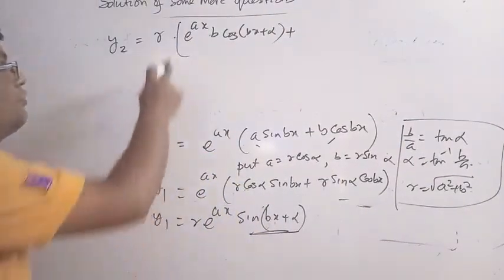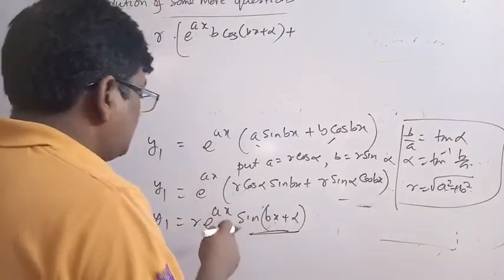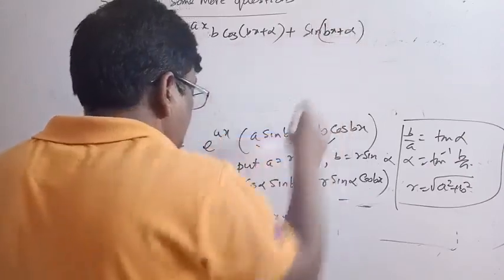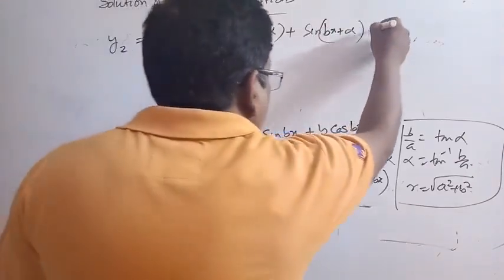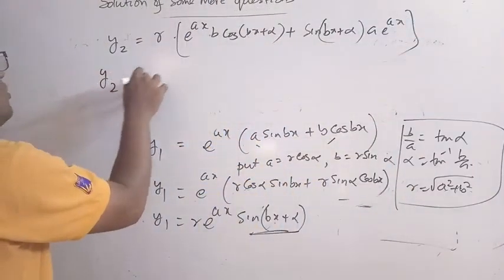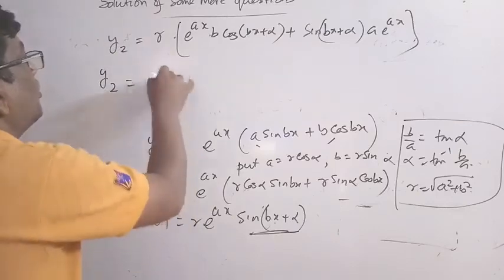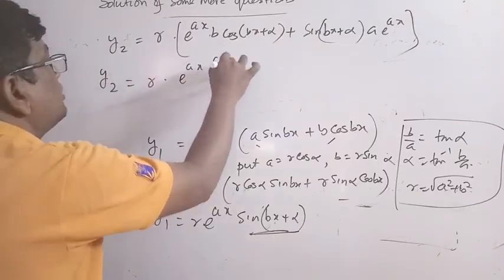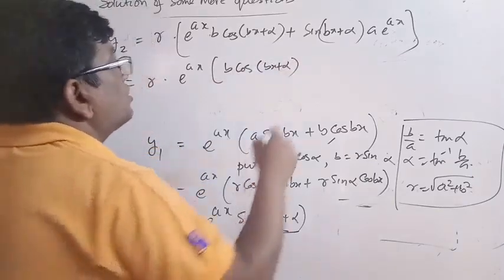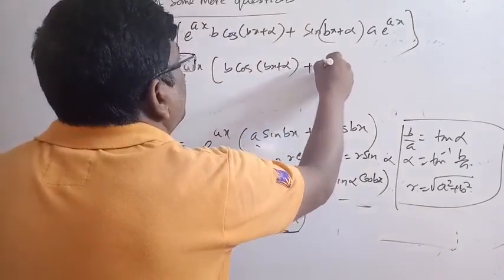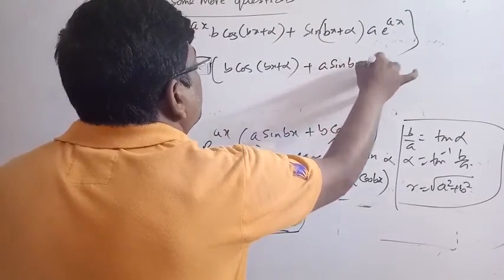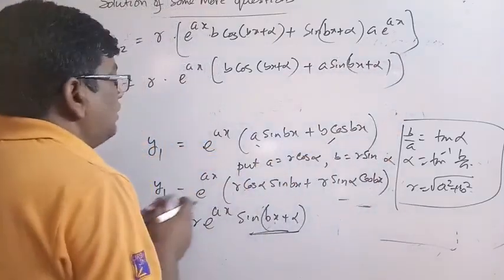And this is e to the x, b cos bx plus alpha, plus sin bx plus alpha, and this is equal to a e to the x. So common here, y2 is equal to r into e to the x, b cos bx plus alpha plus, okay, here you can write a sin bx plus alpha. Okay, and this is equal to what?